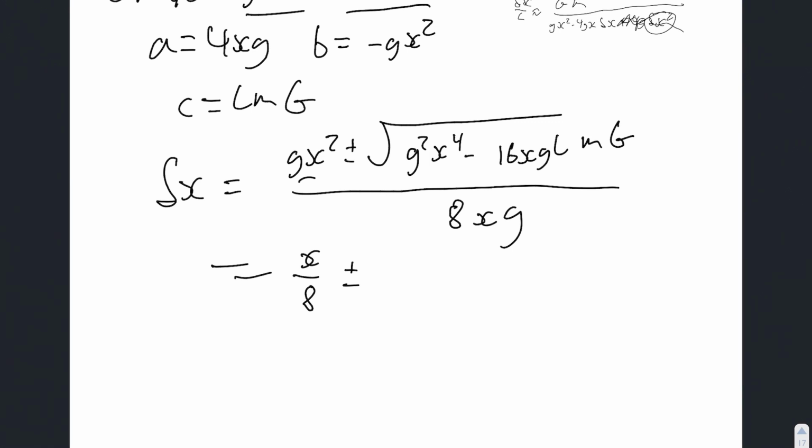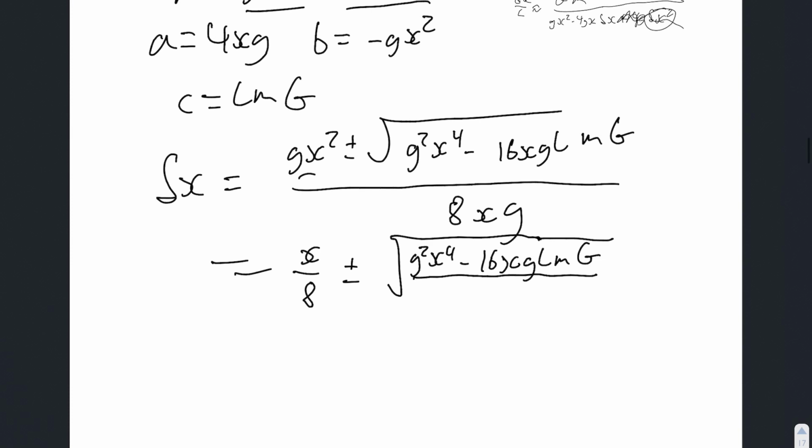Plus the square root of g squared x to the 4 minus 16x glmg all over, and I'm going to move this inside the bracket so I can make more cancellations, so I get 64x squared g squared. So then this equals x over 8 plus or minus the square root.